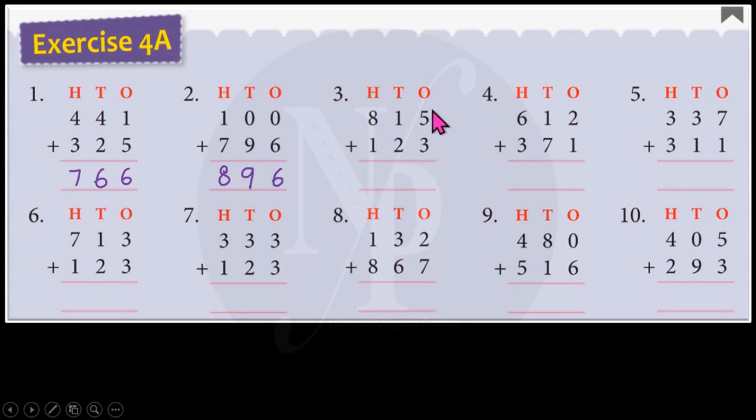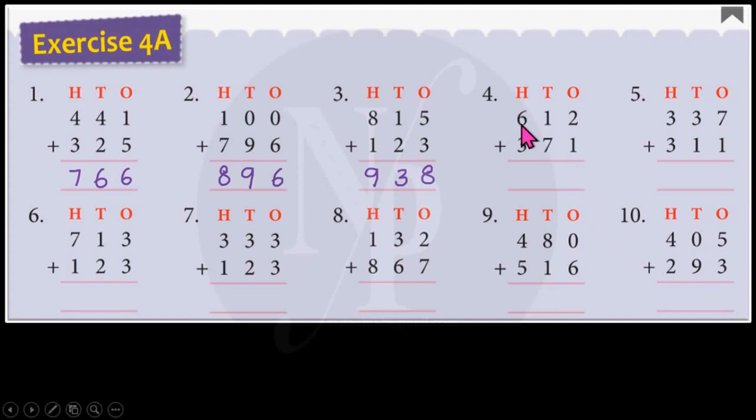Let us add 5 and 3 first. So 5 plus 3 is 8. 1 plus 2 is 3. And 8 plus 1 is 9. 938 is the sum.